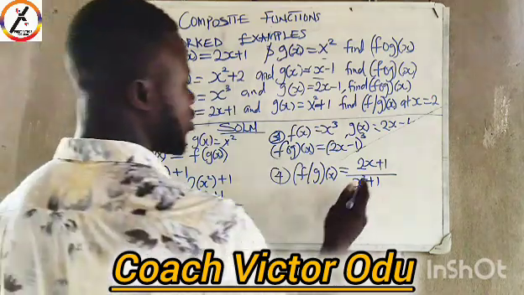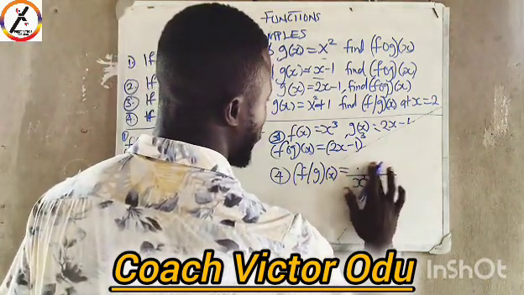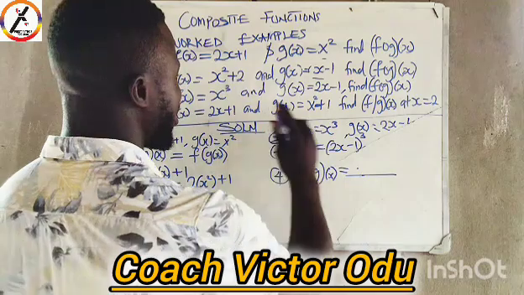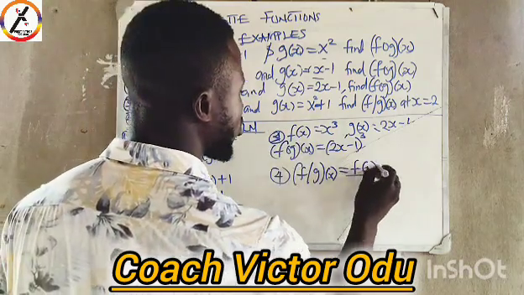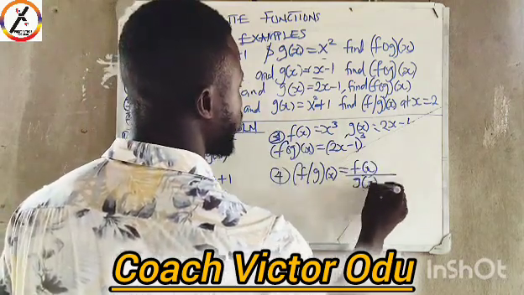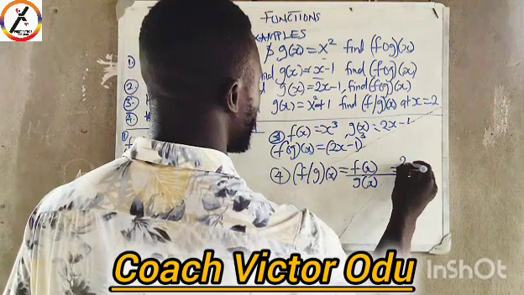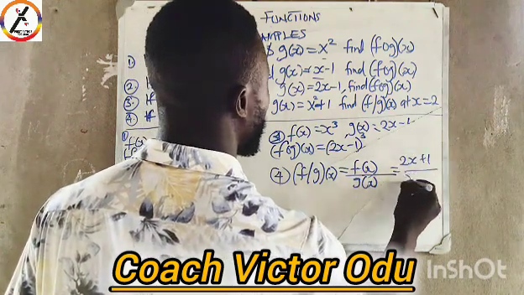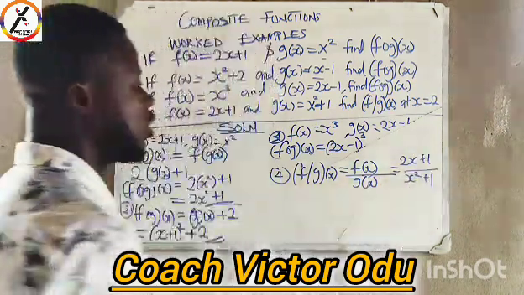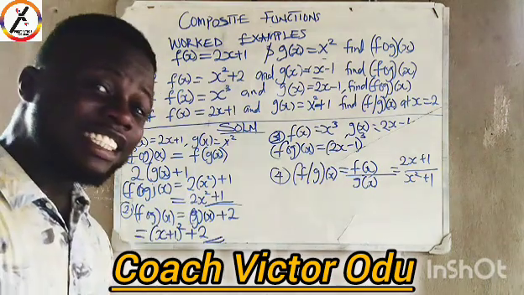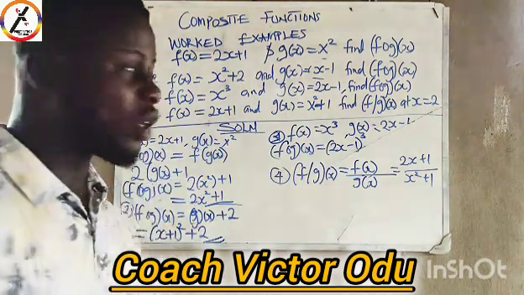Or you can say, let me clean this up and break it down. You put f of x all over g of x, which is equal to 2x plus 1 all over x squared plus 1. Now the question says at x equal to 2, what becomes the equation?